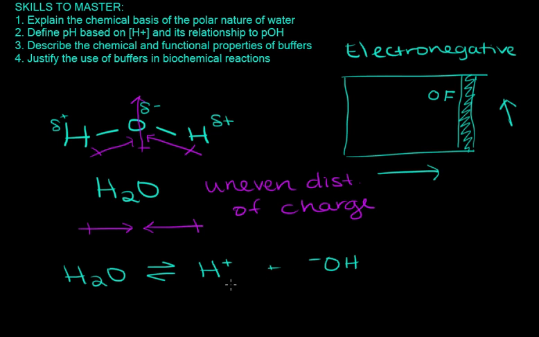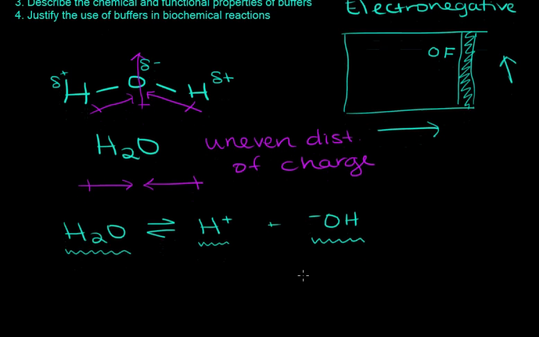So the majority of the time, water molecules are together as H2O, but some percentage of them exist as H plus and some percentage of them exist as OH minus. So anytime you're in water, remember that H plus is around and OH minus is around, and you've seen this already in organic chemistry.